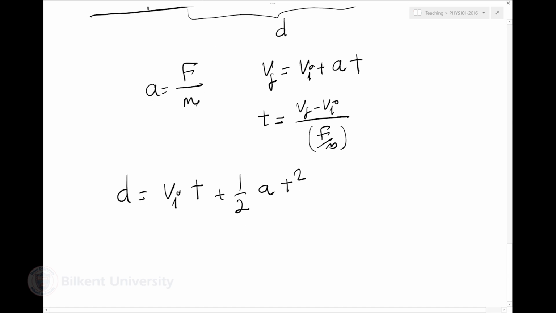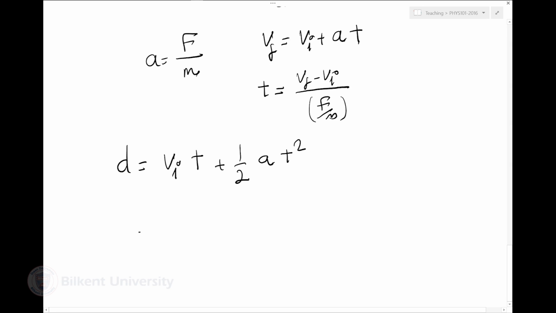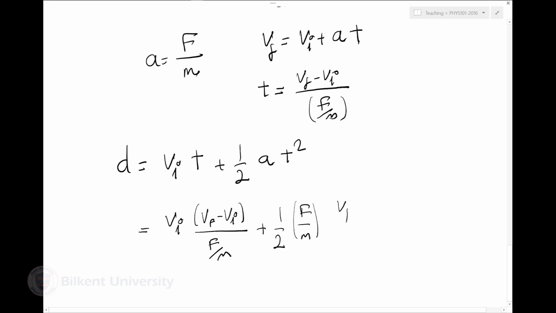Well, okay. Let me just put in all the numbers. I'll have Vi times Vf minus Vi divided by F over M plus 1/2. Now A was F over M, and T squared is Vf minus Vi squared divided by F over M squared.